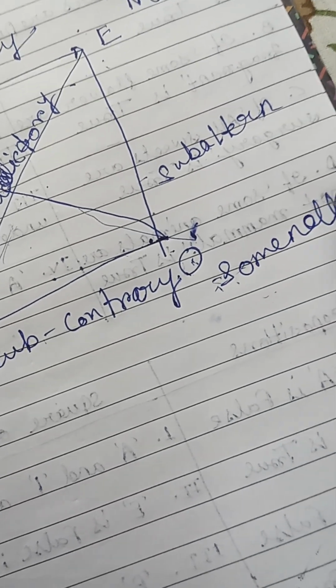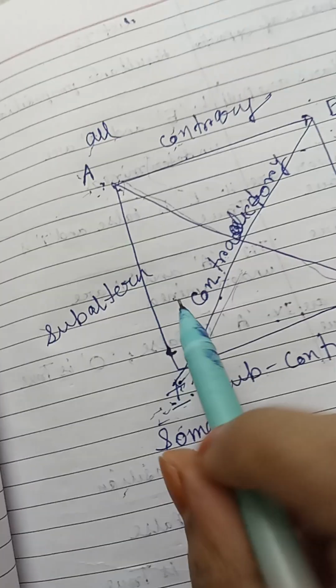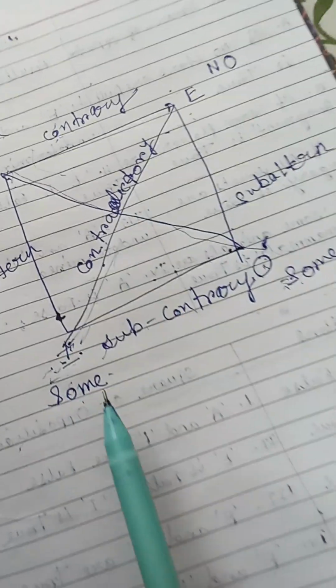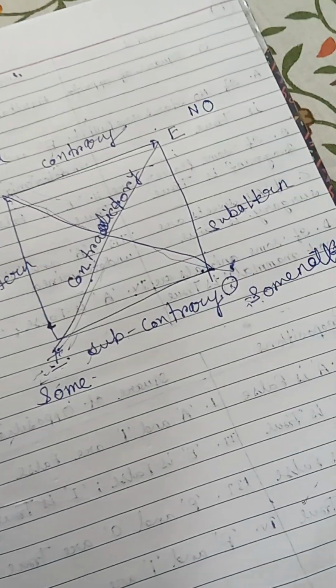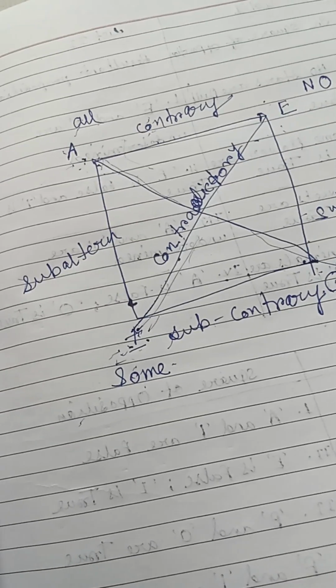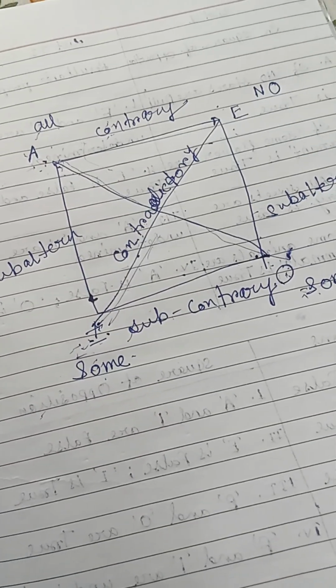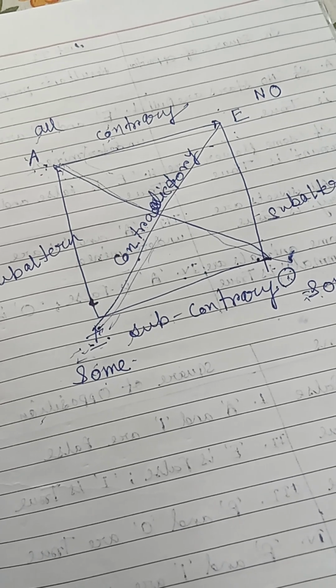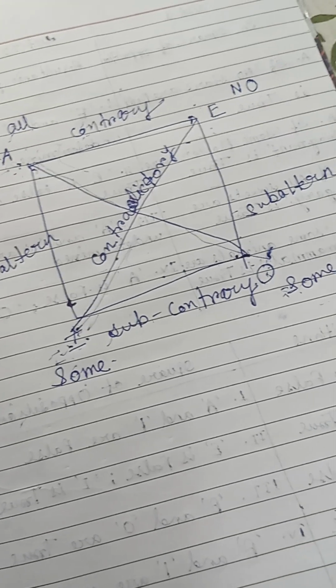So you already know that if it is positive, it becomes negative, because not is here and no is here. All, no, some and some not. We will need these things in making the trick also. So A is all, E is no, I is some and O is some not.